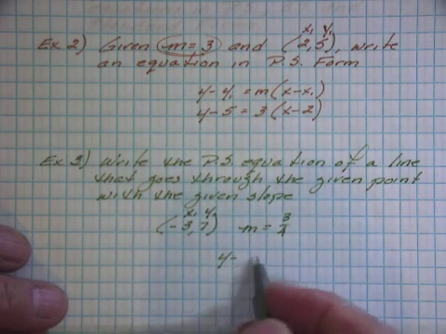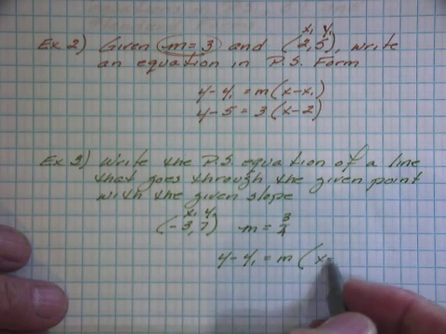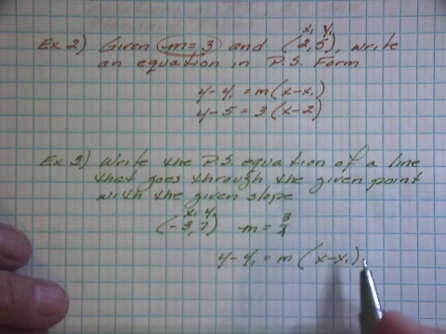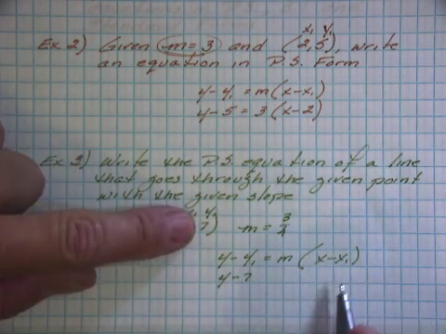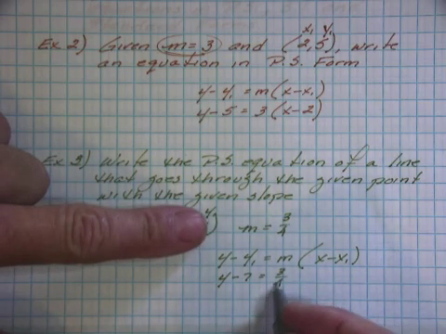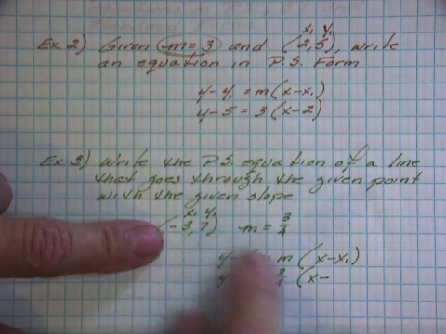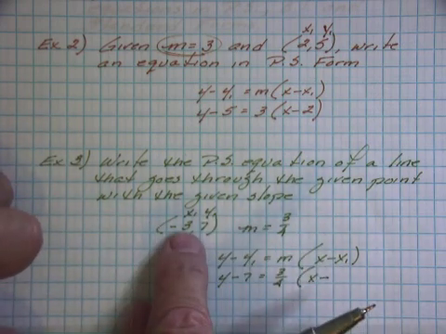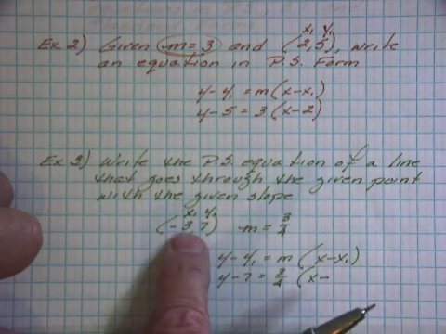There it is. So we have the x1, we have the y1, and we have the slope. Y minus y sub 1 equals m times x minus x sub 1. And we simply plug that information in. This becomes y minus 7, because that's y1, equals m, which is 3 over 4, times x minus, but here's a catch.